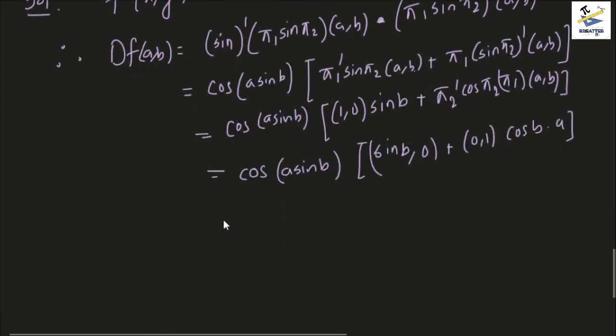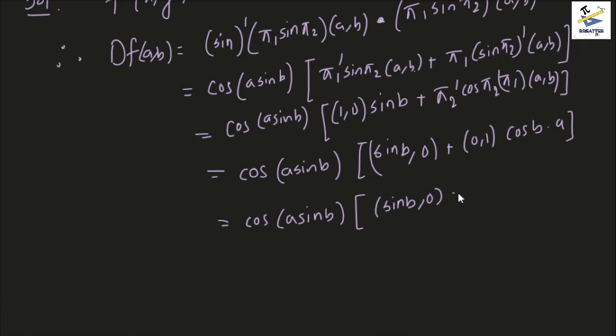So all in all, what we do have is cosine of a sine b, and we have this as sine b comma 0 plus 0 comma a cos b.